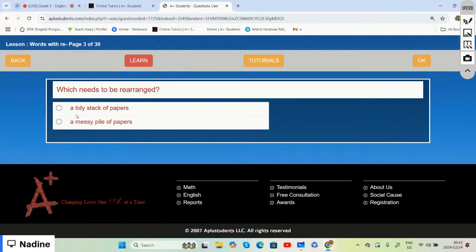Is it a tidy stack of papers, option one, or a messy pile of papers, option two?